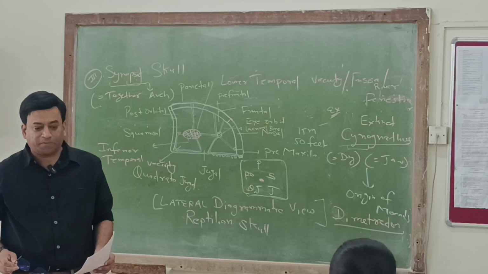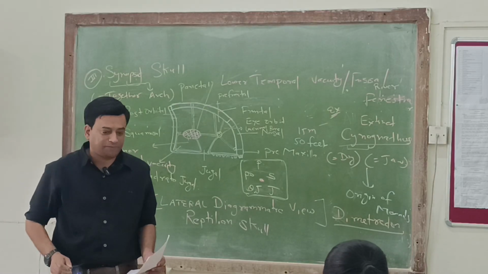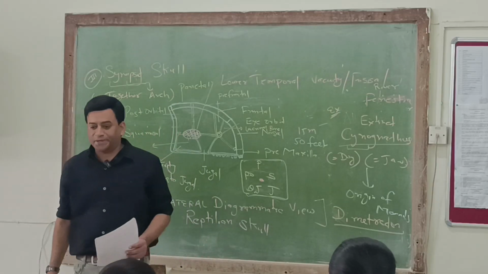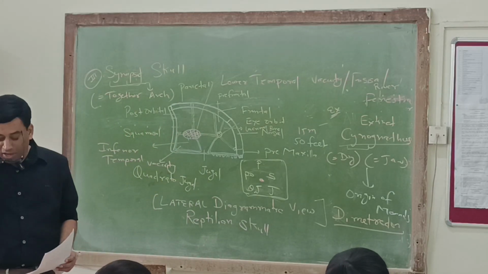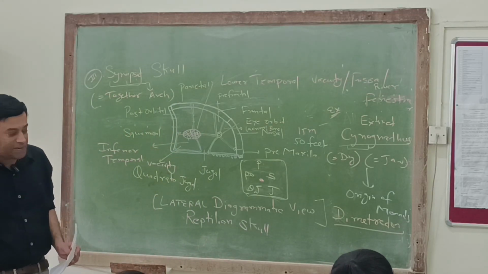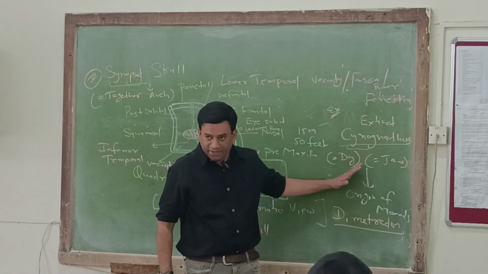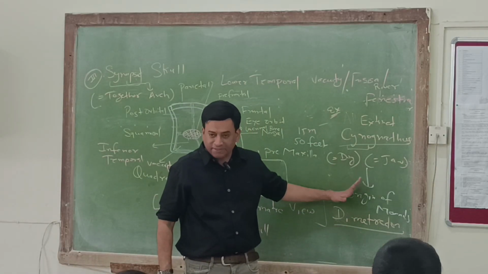Di means two, metrodon means the kind of teeth. So basically they have two kinds of teeth, the Dimetrodon fossil. Got my point? And they are all extinct, but they are very, very important. Why? Because they are the ancestors of the mammalian stock. From here, the origin and evolution of mammalia will start.